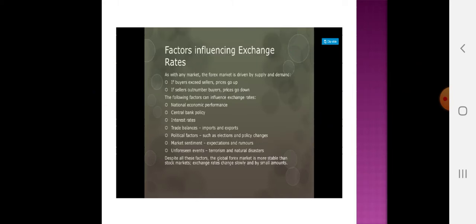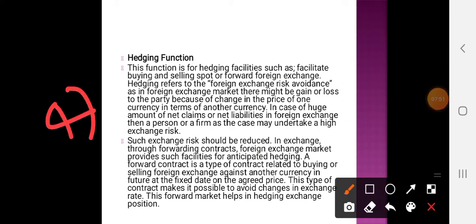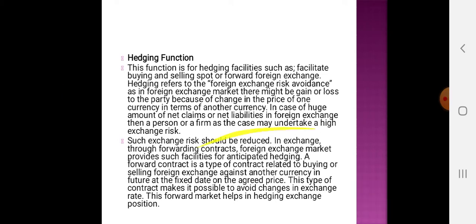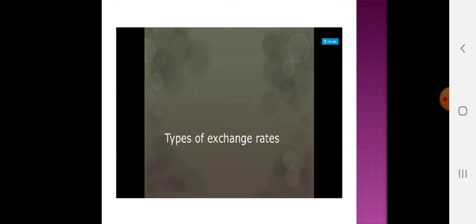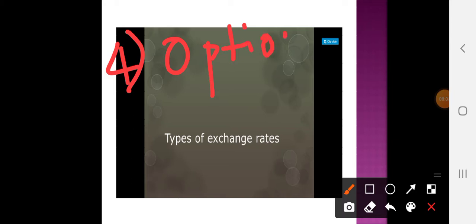Next we have the fourth one, another type, the option market. So what is the option market?